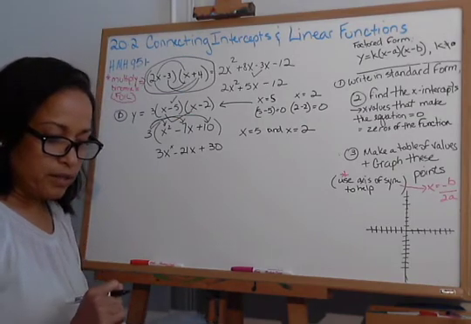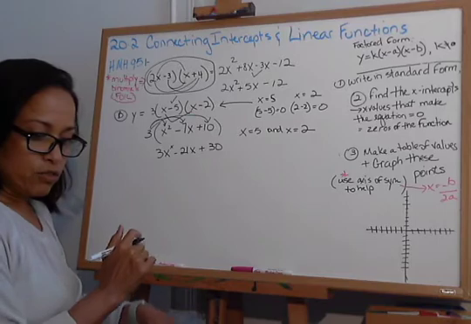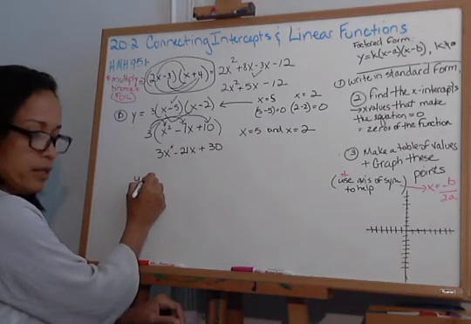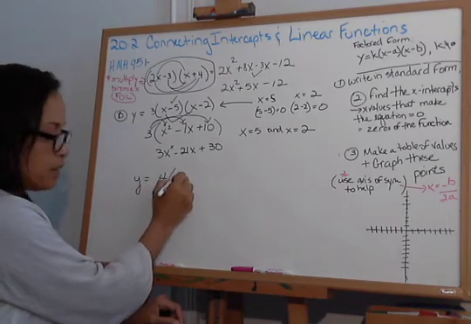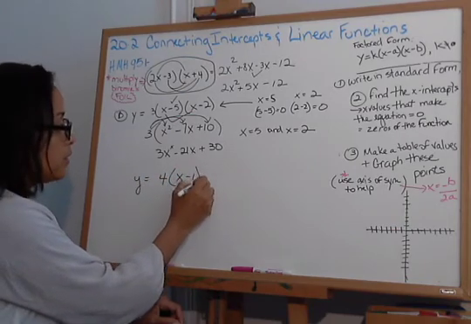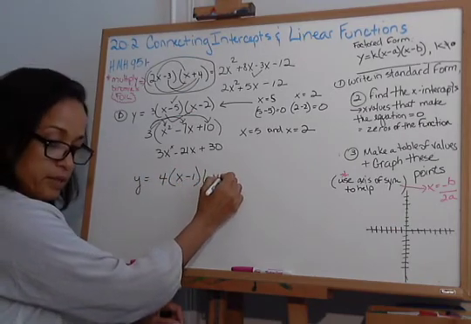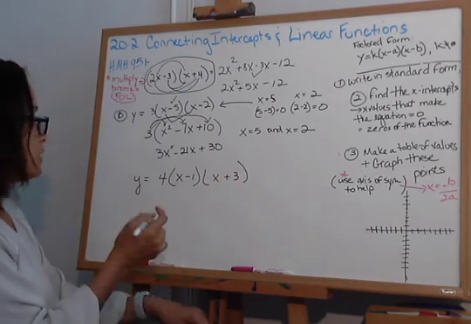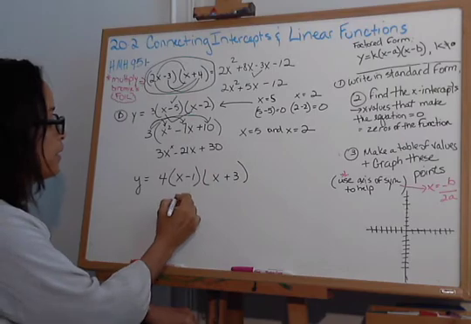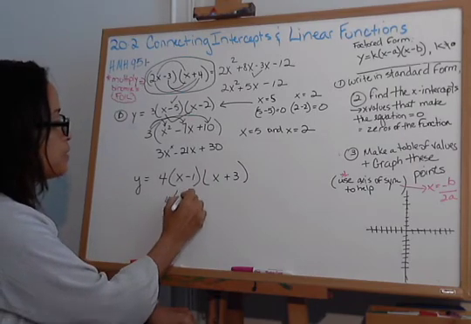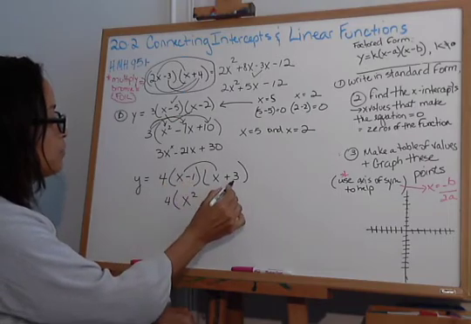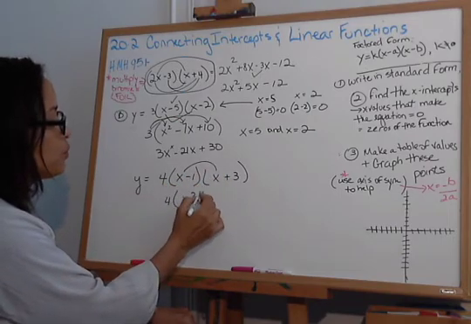Let's try one more here. They ask you to write each of these functions in standard form. We have y is equal to 4 times x minus 1 times x plus 3. So here, same thing, we're going to use FOIL. I'm going to get 4 times x squared, and then we're going to do outside 3x, inside negative 1x.